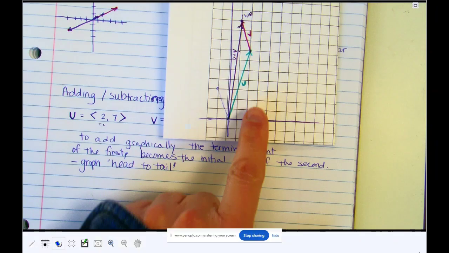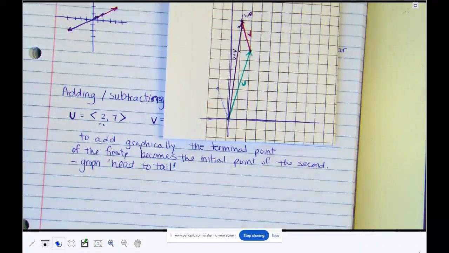So here is a real life example of adding vectors. Let's say that vector u, the green one, represents the path that an airplane is traveling. But vector v represents wind speed and direction. If you're traveling this direction u in your airplane, but there's a wind current coming this way, that purple one is the actual path you will take, because the wind's going to blow you off your course.